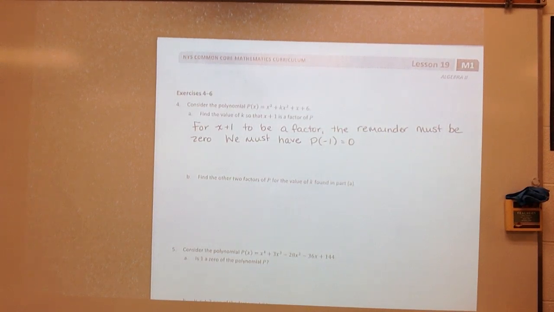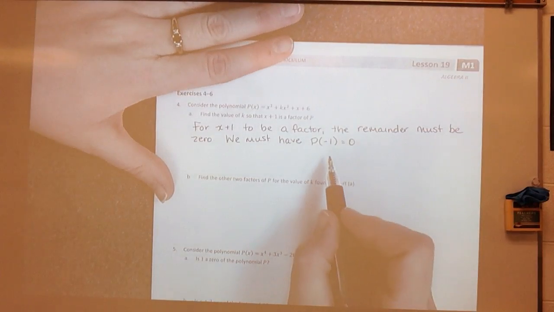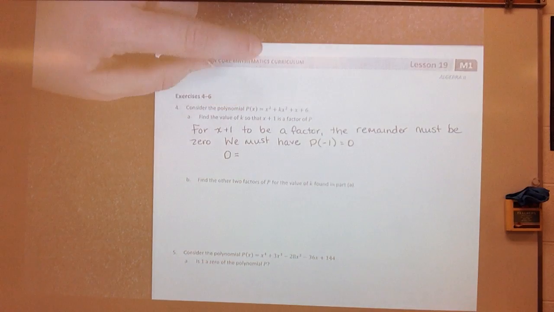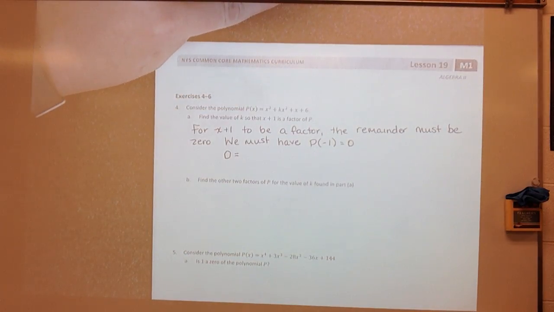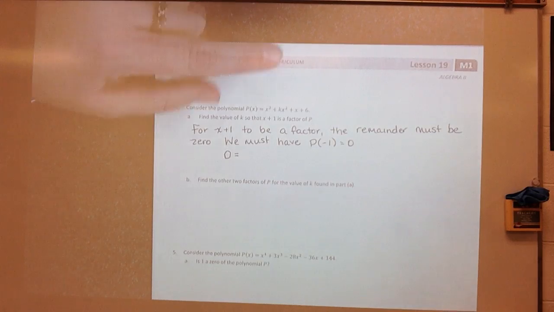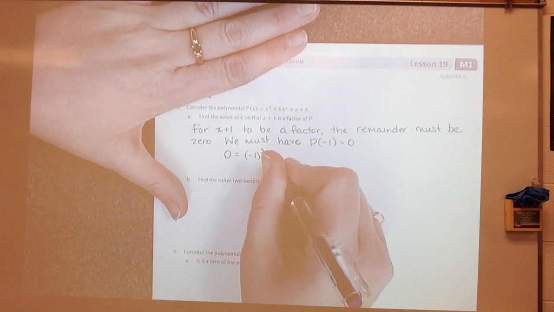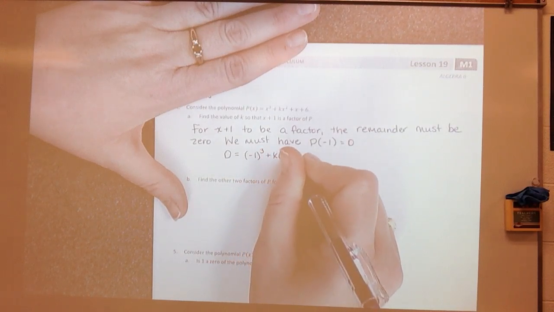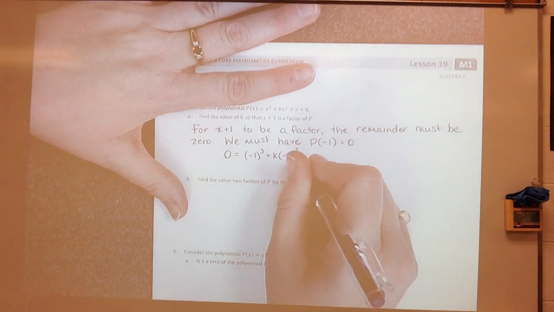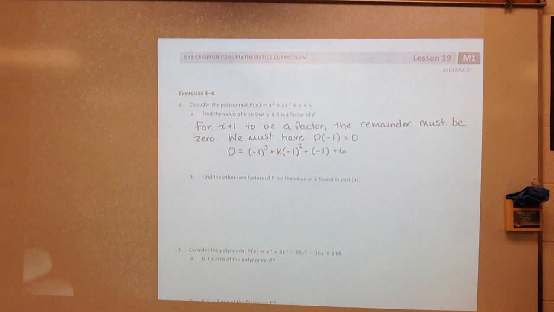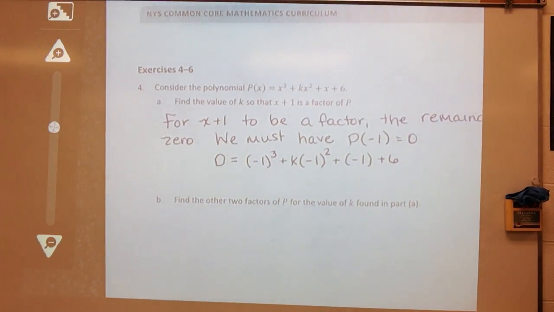Alright? So, here's what I'm going to do. I'm going to plug in 0. I want it all to equal 0. And now I'm going to plug in my negative 1 for everything that I know. So, negative 1 cubed plus k times negative 1 squared plus negative 1 plus 6. And now I'm just going to solve this as an equation and figure out what k would be equal to.